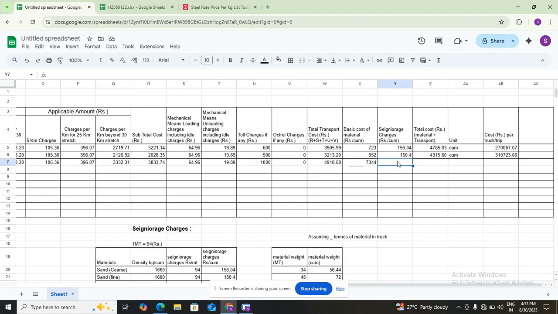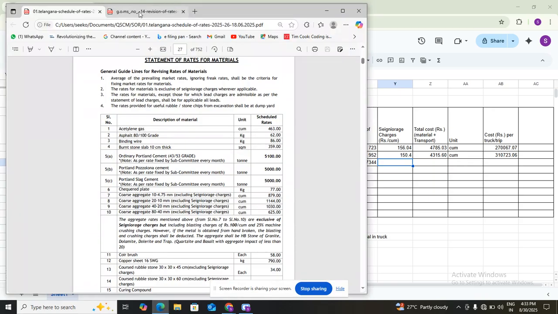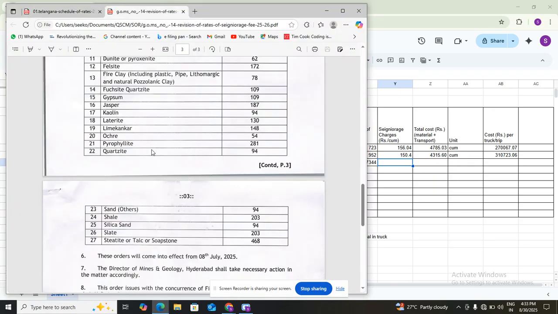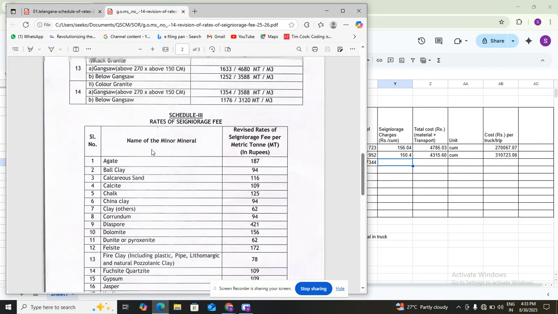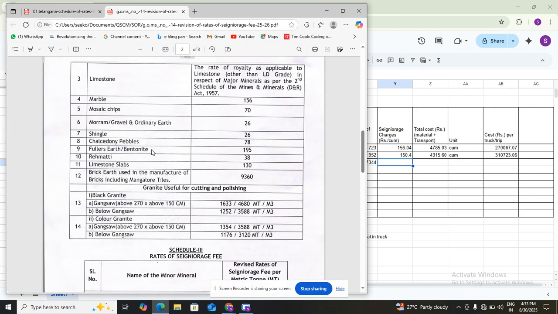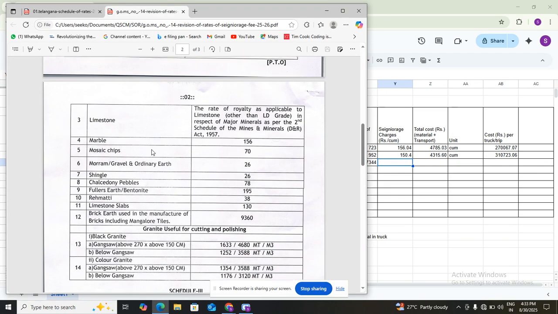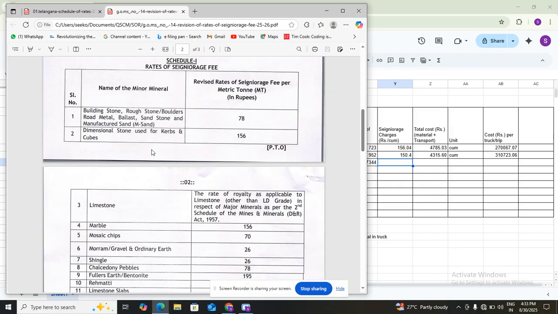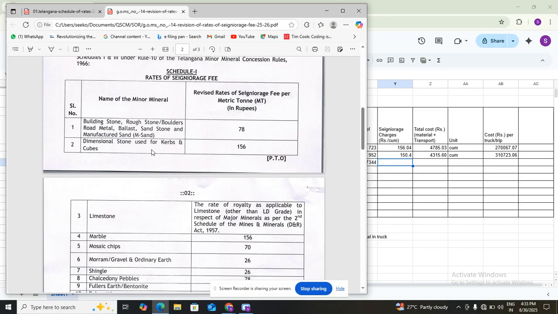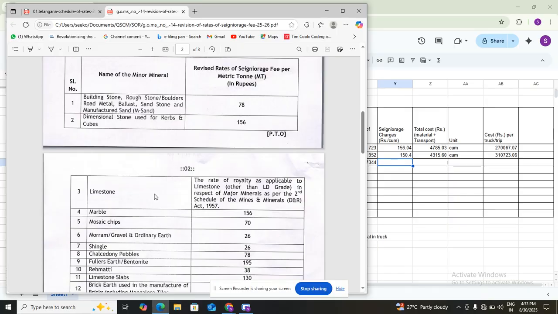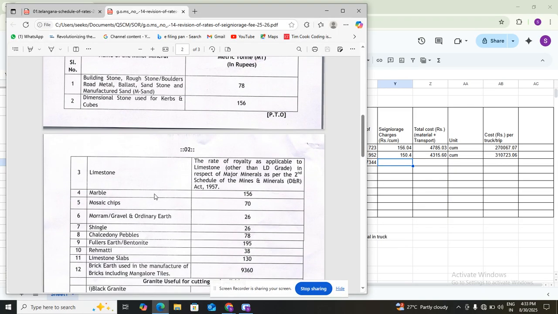What are the seigniorage charges of the cement? Once we need to check in the codes. The Telangana revised code is there. We need to check in the cement what the CNRS charges are. There is building stone, limestone, the rate applicable by the stone. Marble.